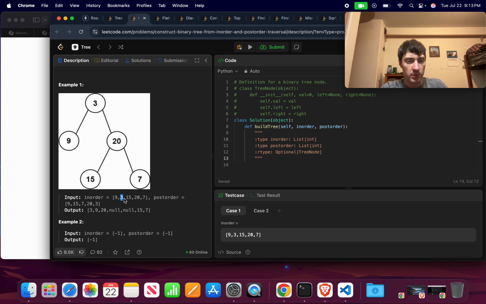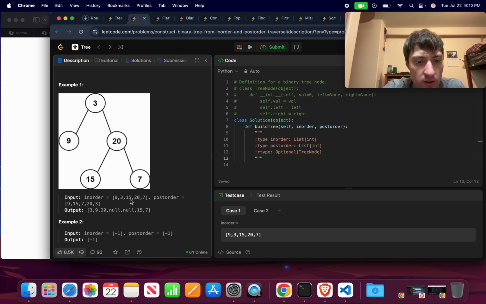And I have a 3 in the middle, so that's my head. I'm trying to find head. Nine and 15 are here. Okay, does that help me? Let's see, 7, 9 and 15. There. 7 and 20. 7 and... It doesn't help me. Where is 20 in relation to 15 and 7? So 20 is the head of 15 and 7.